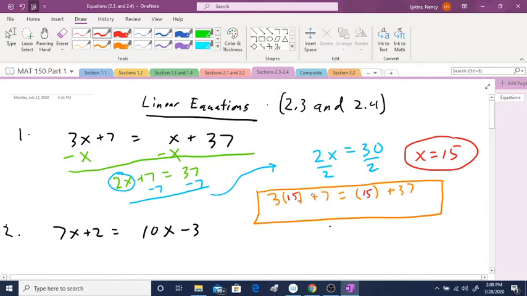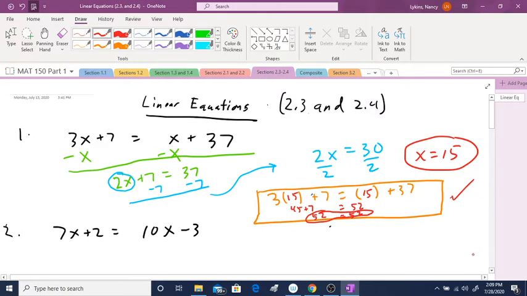So 3 times 15 is 45, plus 7 is 52. And if you do 15 plus 37, you also get 52. Notice these two have to be equal, so we did this correctly. If for some reason these do not equal, it might be something to do with whether you added or subtracted wrong, or maybe even divided wrong.